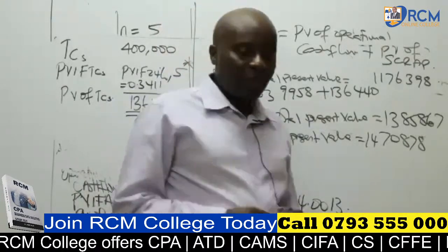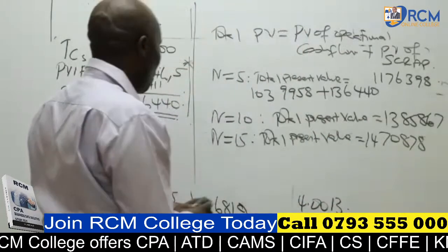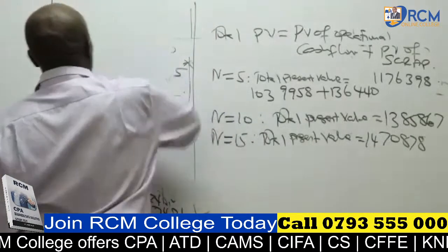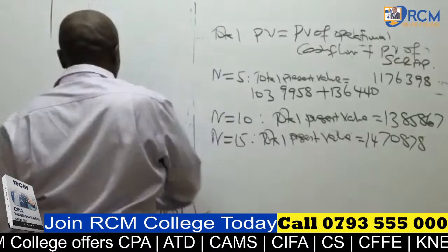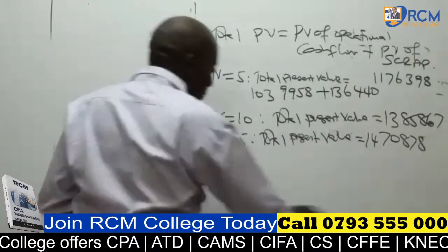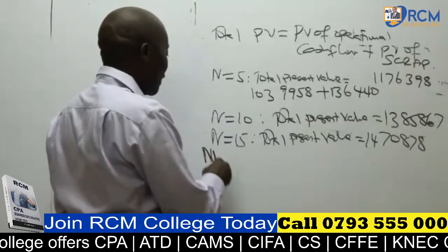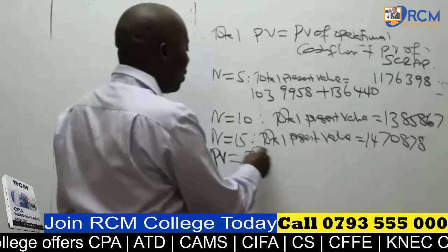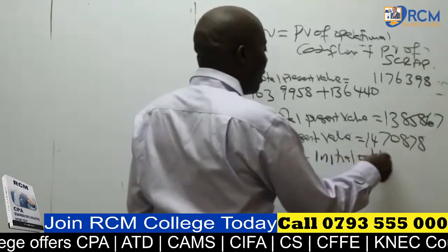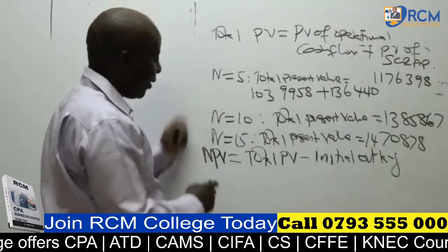All right. So come here now and work with the last type of cash flows, which really is a subtraction of what here? The initial outlay. So give us the net present value, which will be equal to the total present value minus the initial outlay. So again, as usual, we start with n equals 5.